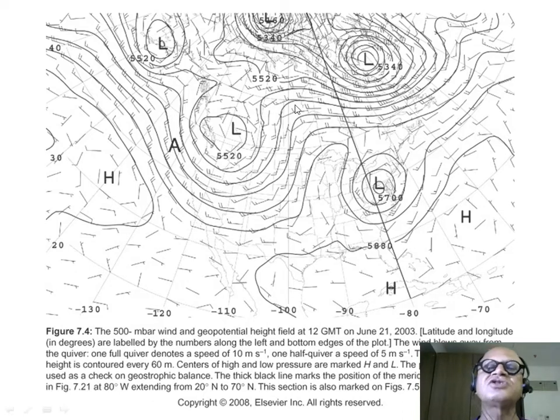On the constant pressure surface or geopotential height, height contours are going to come together and the flow is going to accelerate. So what is amazing is that the flows are parallel to the height contours, which means height contours are streamlines of the geostrophic flow.